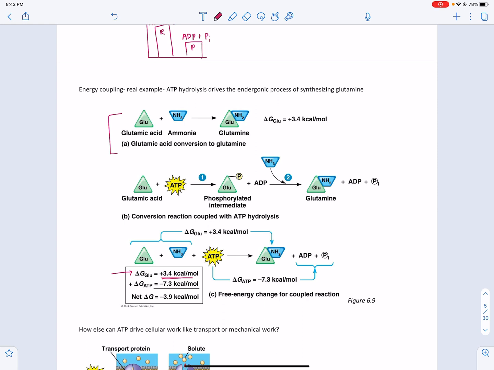The hydrolysis of ATP releases 7.3 kilocalories per mole, a bigger energy release than is required. So if you release more energy than you need to put in, you can couple these two reactions together, and overall it would be an exergonic reaction, and we see that with that negative delta G.